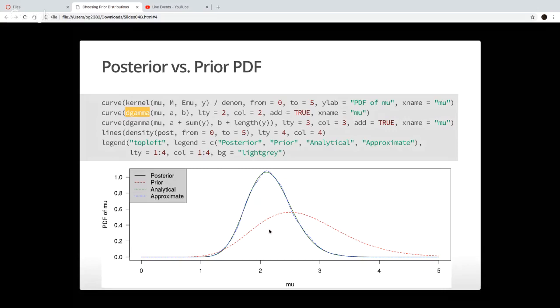Well, how did you form your beliefs about how many people there would be in an apartment before you saw the data?